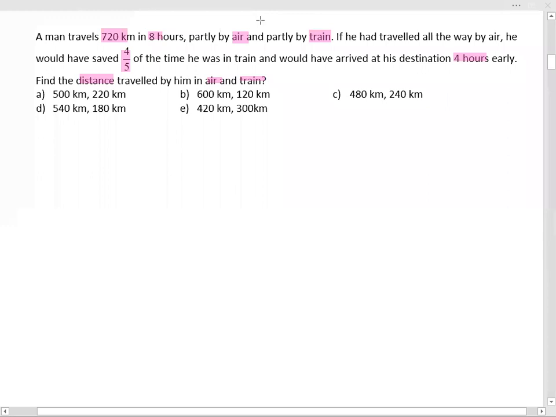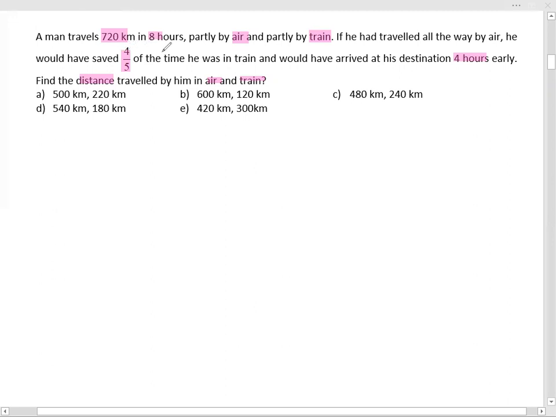Now, this problem we can solve by conventional method as well as by shortcut method. Please understand, in conventional method, in 8 hours, 720 kilometers it travels. That means average speed we can find is 90 kilometers per hour, 720 by 8.